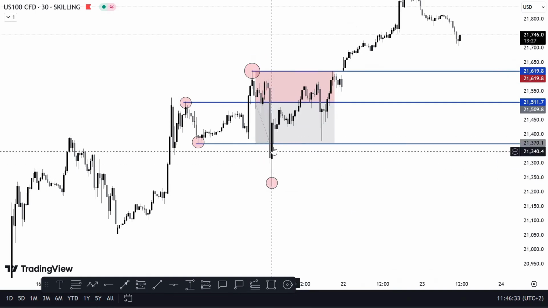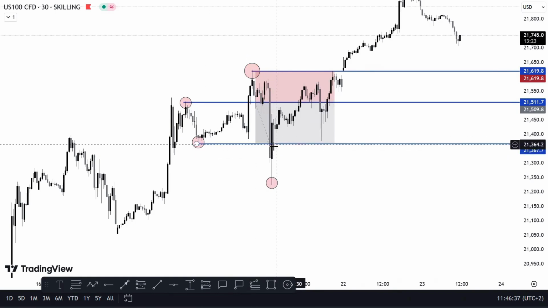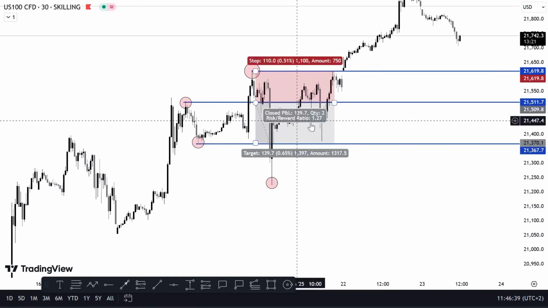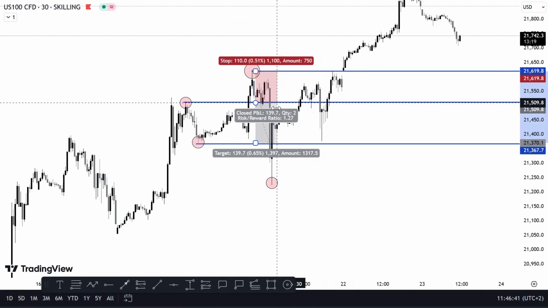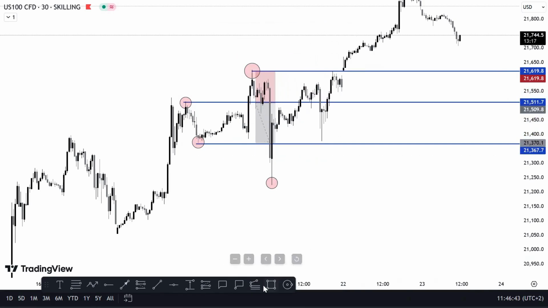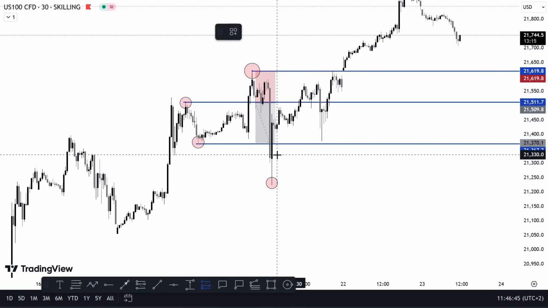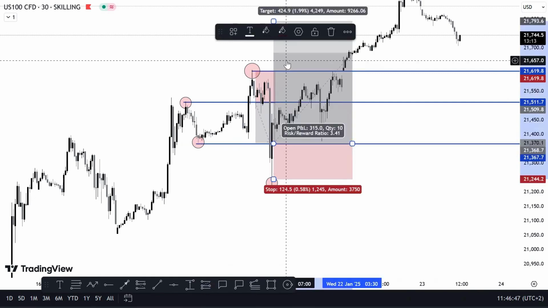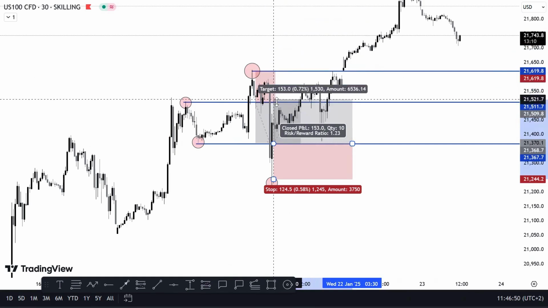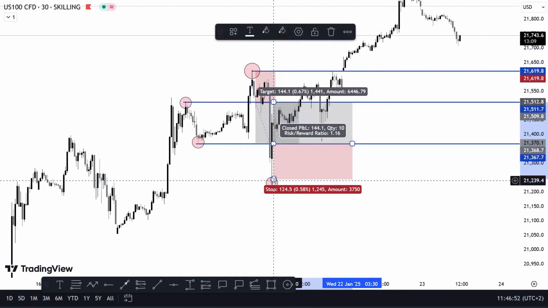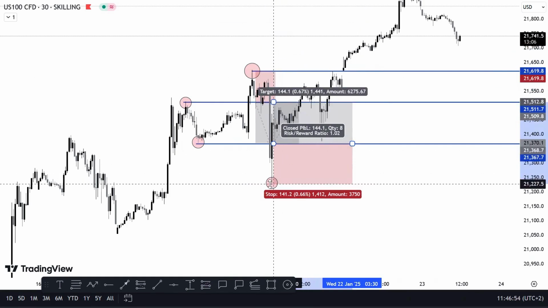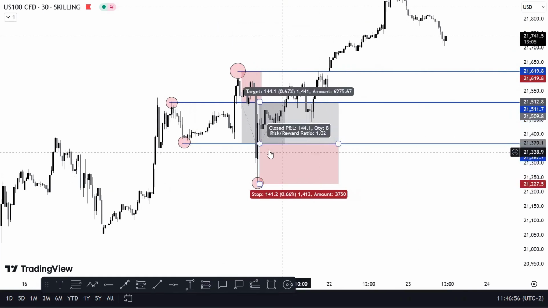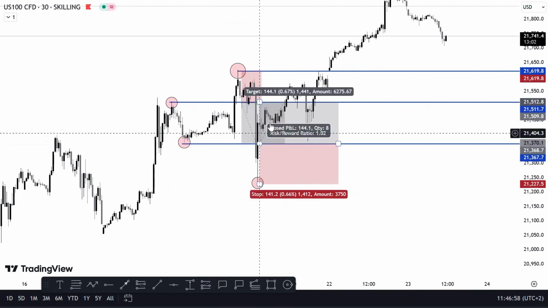Then it came back up to hit your entry point, and then you had the second entry, which was here. And the best part is it didn't even go down the second time, it just went up.